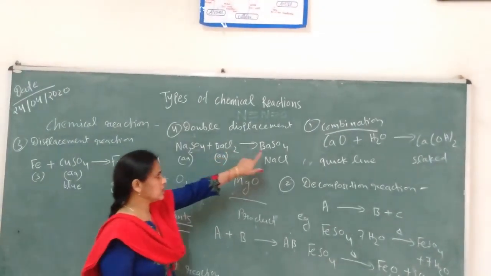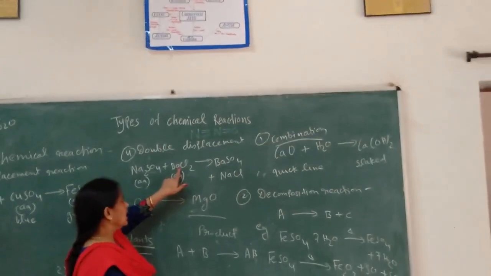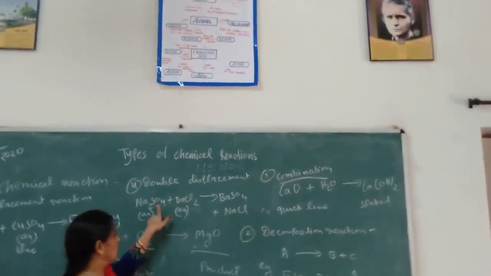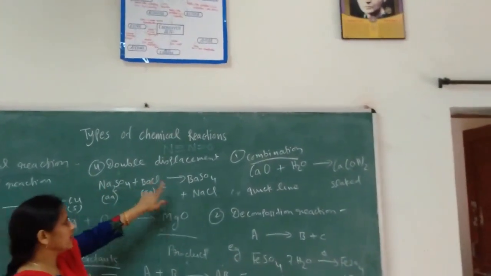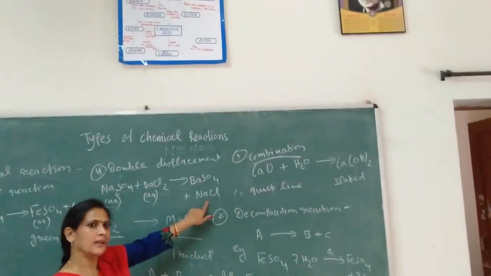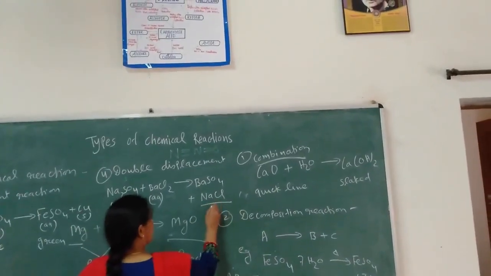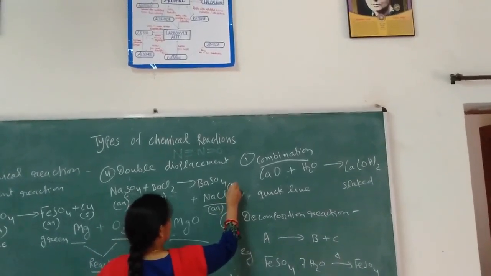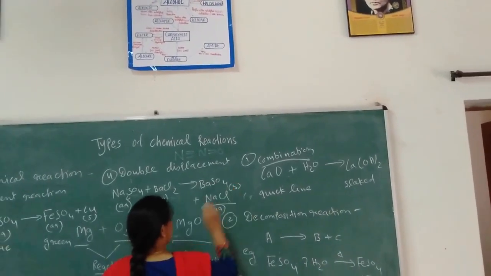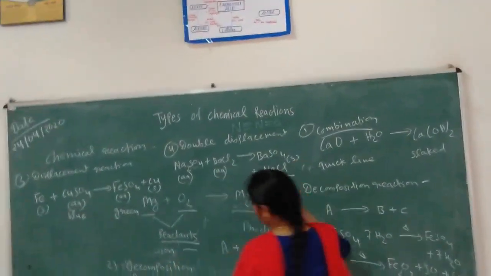And you know, in this product, Ba combined with sulfate anion and Na combined with chloride anion and give new product. This compound is water soluble and this one is water insoluble, and that is why we observe a white precipitate of barium sulfate.